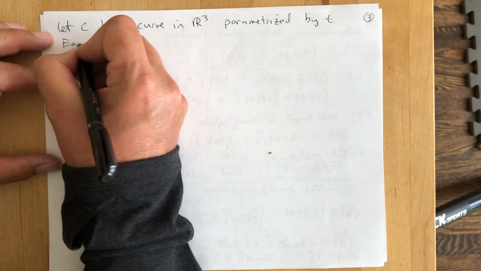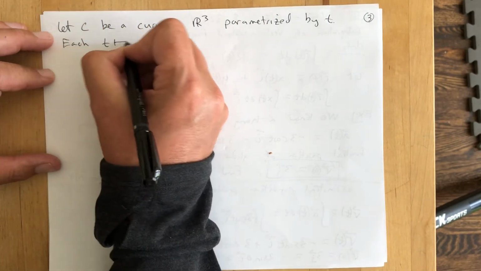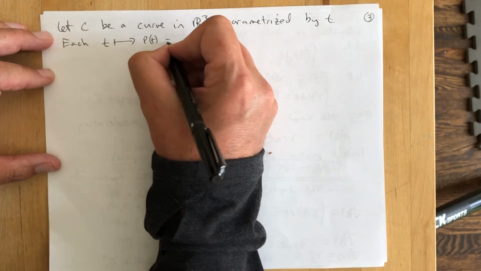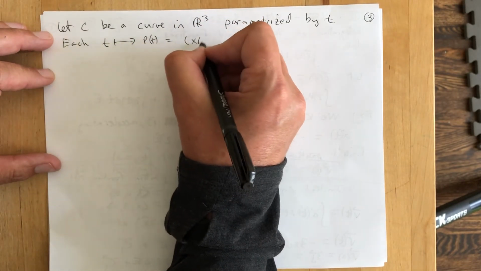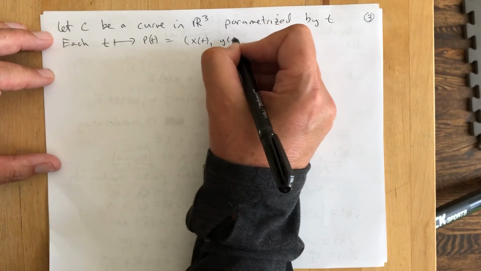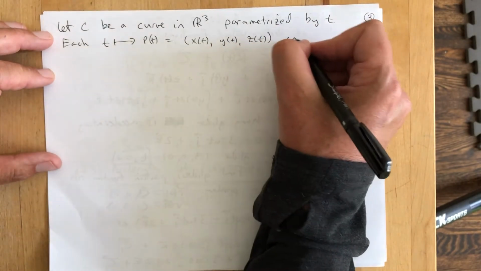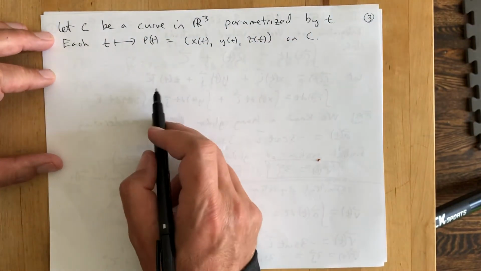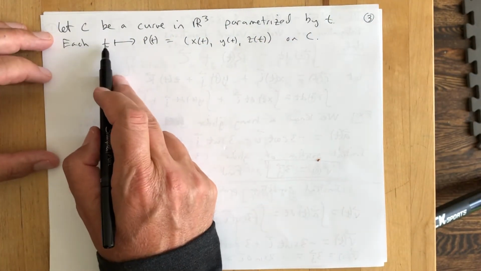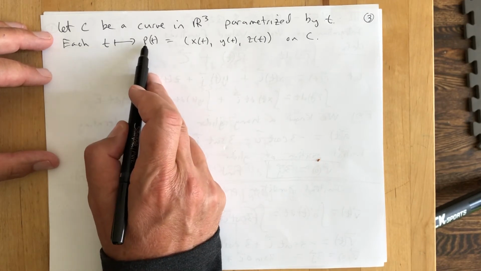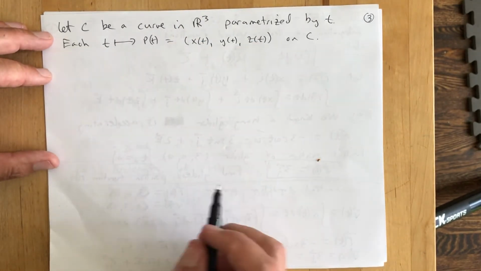As we go through, each t maps to some point p sub t, which is just x, y, and z on C. As t runs through its parametric interval, at each point it gives you a p, and this makes a curve in 3-space.